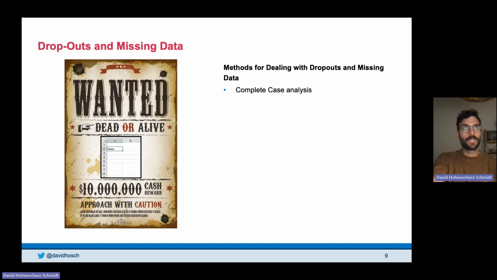There are, like I said, statistical methods. Let's go into those. There's a complete case analysis that excludes cases with missing data. Like I said, this is straightforward, but it reduces your sample size and it introduces potential bias if the dropout reasons weren't random.